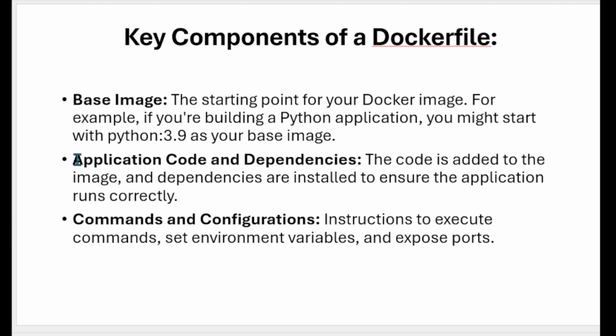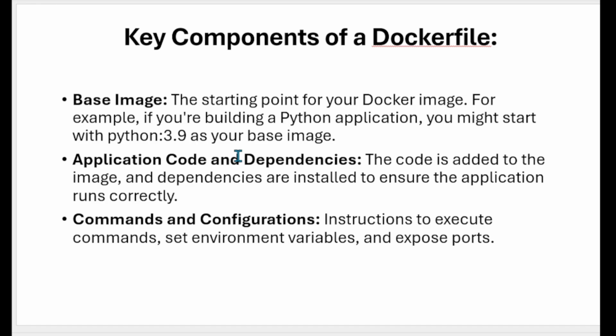Okay. Then application code and dependencies, what does this do? The code is added to the image. What is an image? As I've told earlier, it is a collection of application code as well as some libraries. So this code is also added to the same image, and then the dependencies are installed to ensure the application runs correctly.